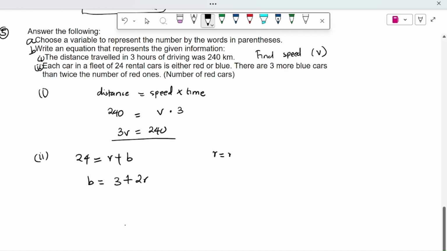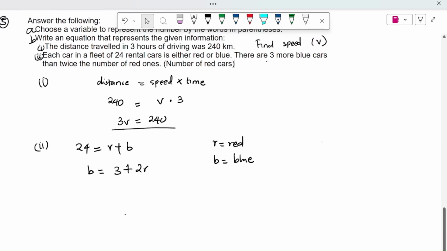R represents red and B represents blue. When you read the second sentence, you are given this 3 more. It means 3 plus something, right? There are 3 more blue cars than twice the number of the red cars.